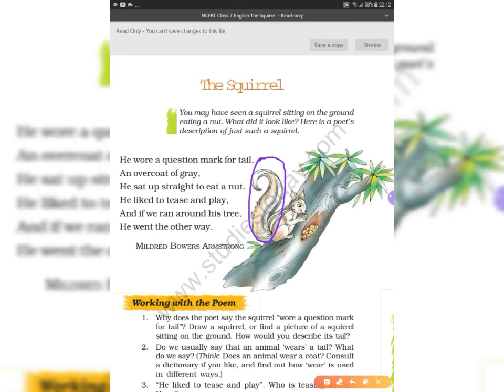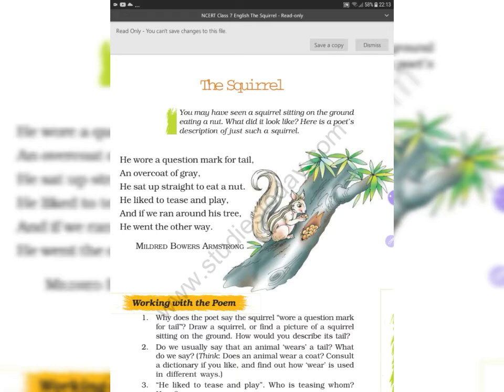Now the second line we can see: an overcoat of gray. If you see the squirrel's body, dear student, you will find that it is beautifully gray in color, right? We have seen it in the video also. Well, I had a pet once, and I still remember it.